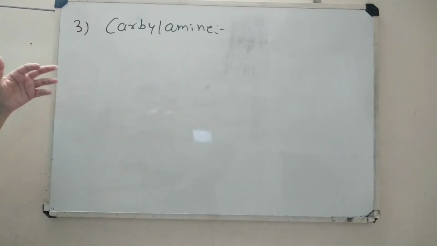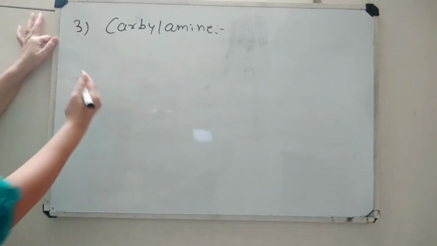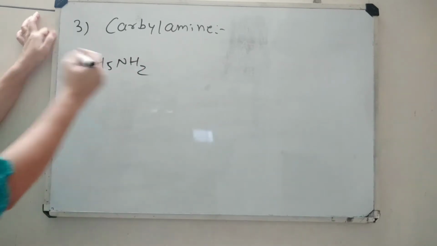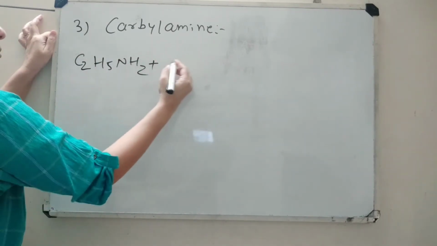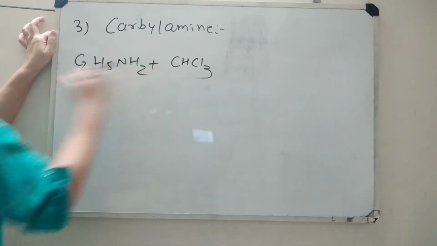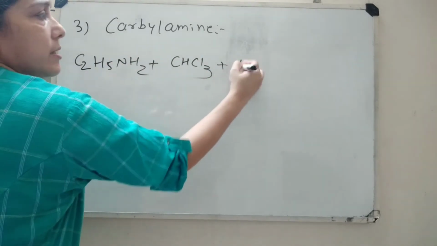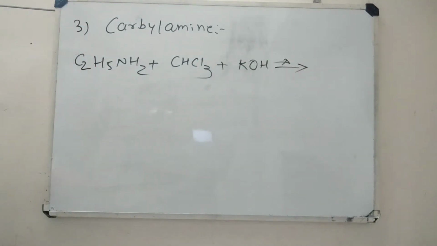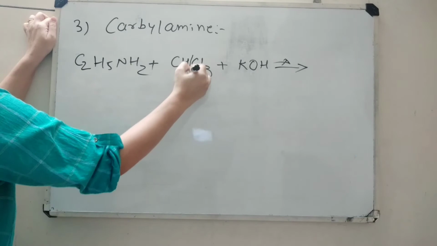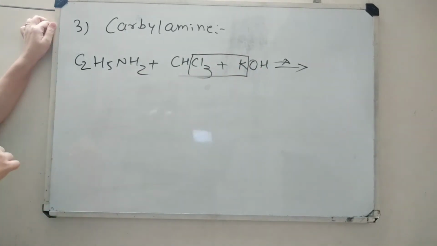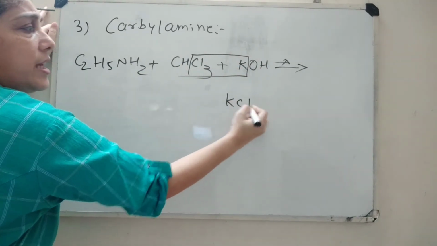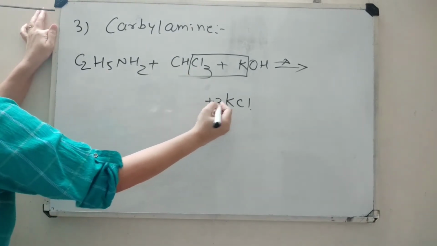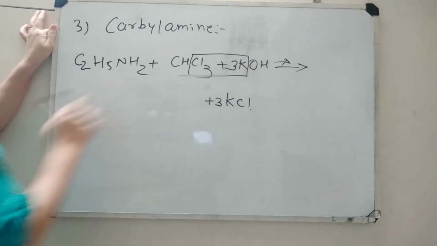How to explain this reaction? Suppose we take a primary amine example, C2H5NH2, when it is heated with chloroform CHCl3 plus KOH, heating sign because it is heated, then what will happen? The chlorine combines with potassium, so KCl is formed. Chlorine is 3, so make this 3 KCl, potassium becomes 3, so make this 3 KOH.